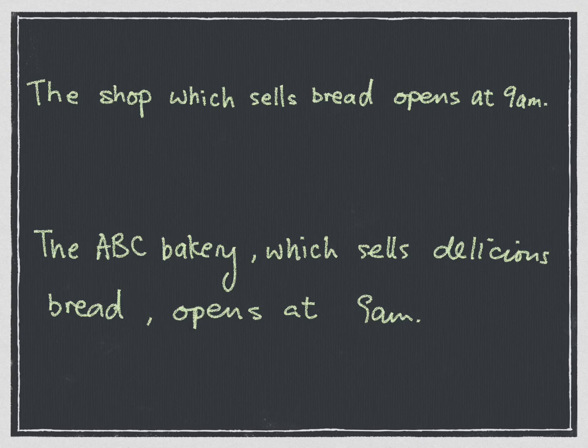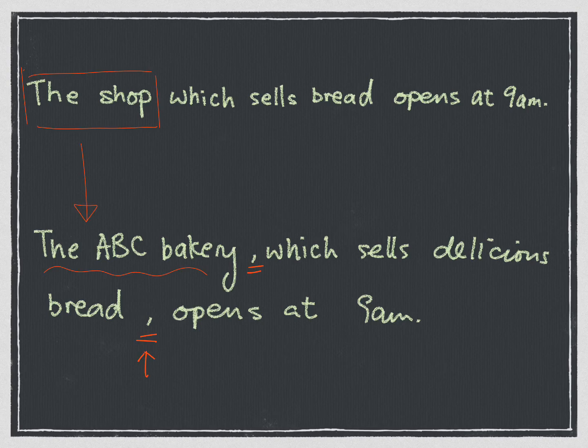These two sentences are pretty similar. The first one, the shop which sells bread opens at 9 a.m. And the second one, the ABC bakery which sells delicious bread opens at 9 a.m. And you can see that they share pretty similar relative clauses, which sells bread, which sells delicious bread, right? So what are the differences? And why would there be such a difference?